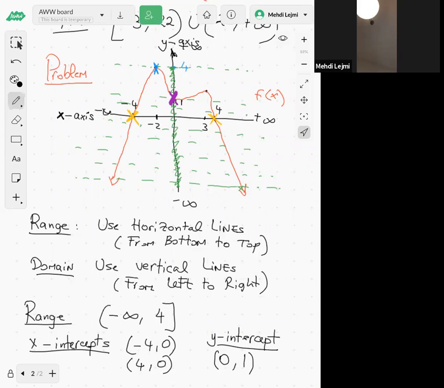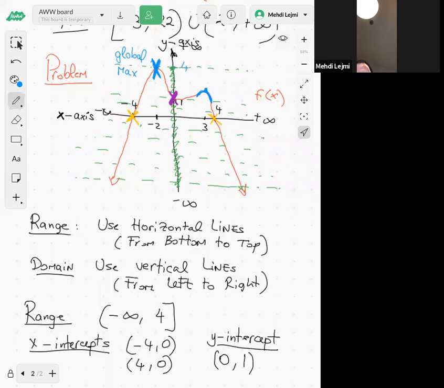Local maximum, guys. Well, there are 2 local maximums actually. There is a local maximum here. As you can see, this is actually a global maximum. It's not just a local. And there's another local maximum, which is this point here, because at this point we have a sort of parabola.